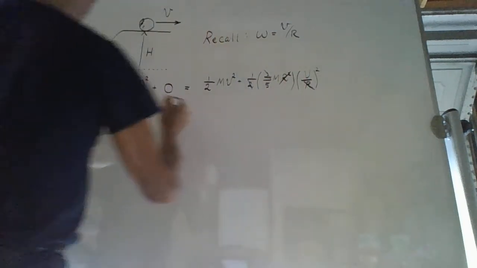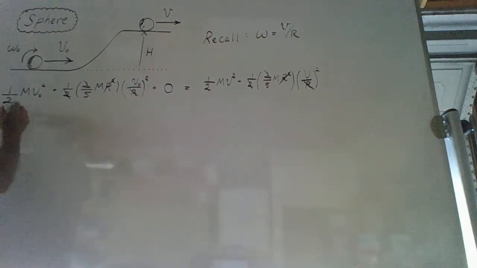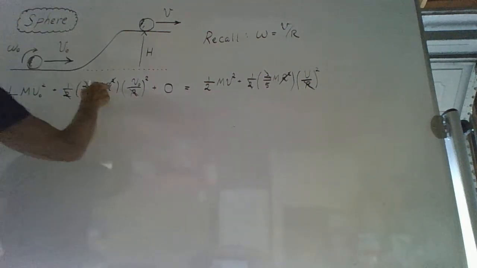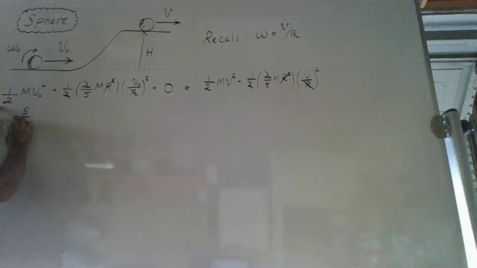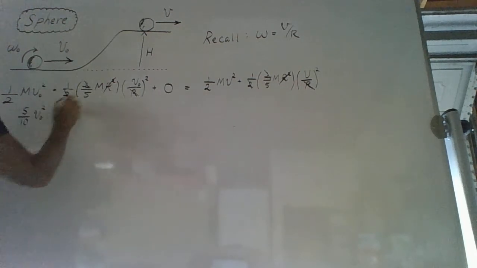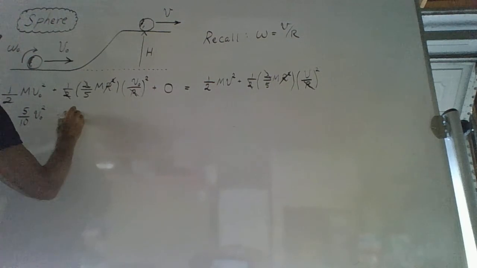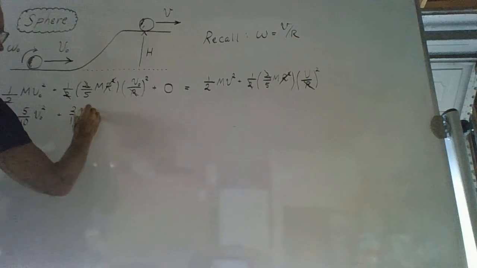Back to the left side. We have an mv naught squared and an mv naught squared. This multiple of mv naught squared can be written as 5/10 v naught squared. And 1/5 can be written as 2/10 v naught squared.